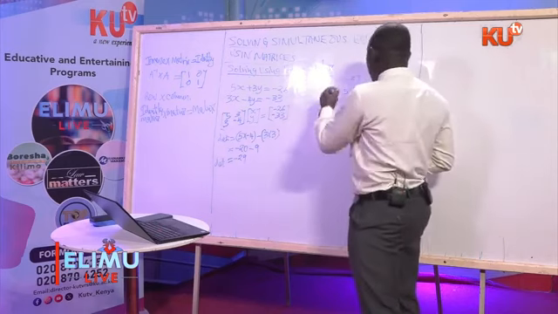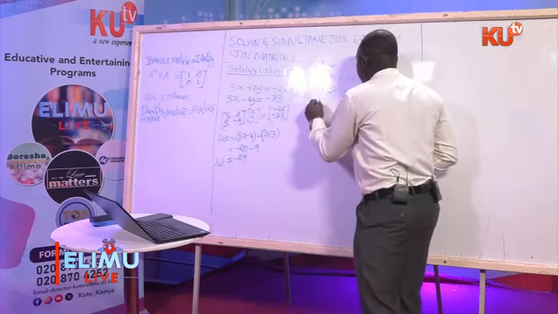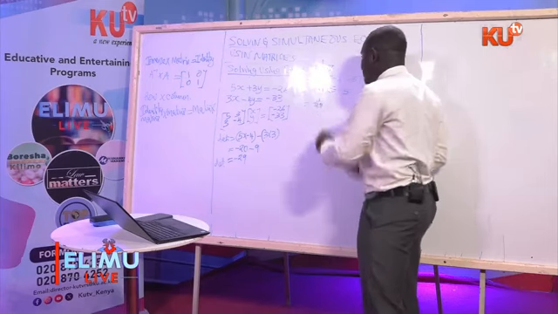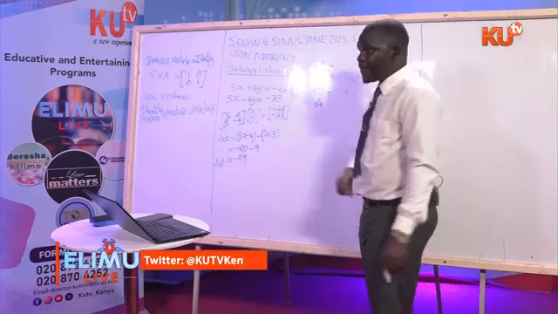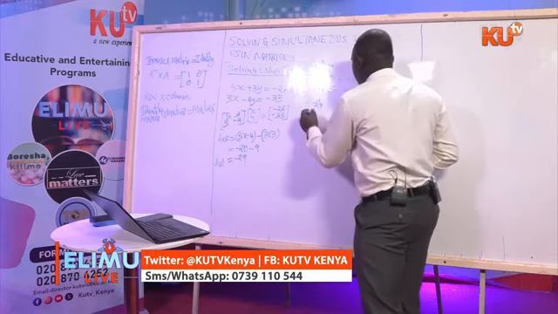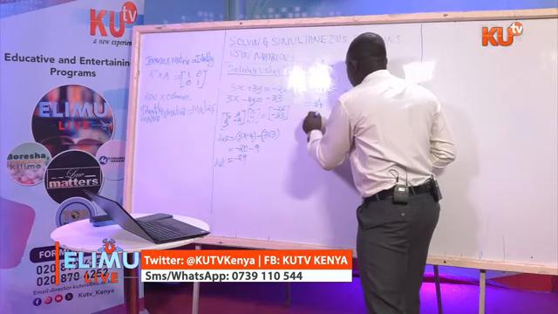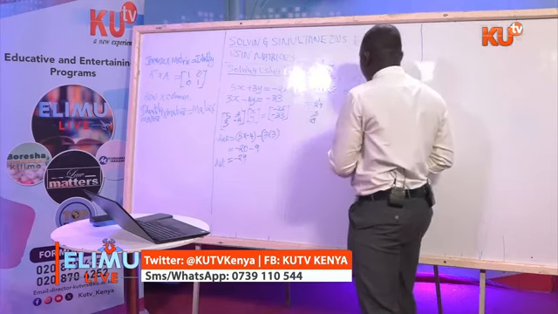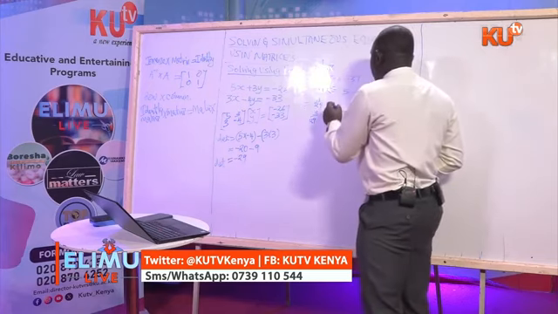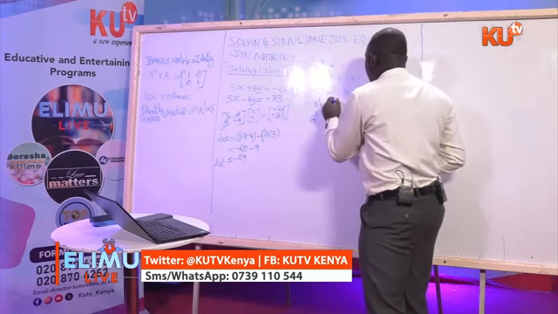1 over negative 29 times 4, we are going to get 4 over 29, because a negative times a negative number becomes a positive number. Then 1 over negative 29 times negative 3, we are going to get 3 over 29. On this other column, it will be 1 over negative 29 times negative 3, it will become 3 over 29.